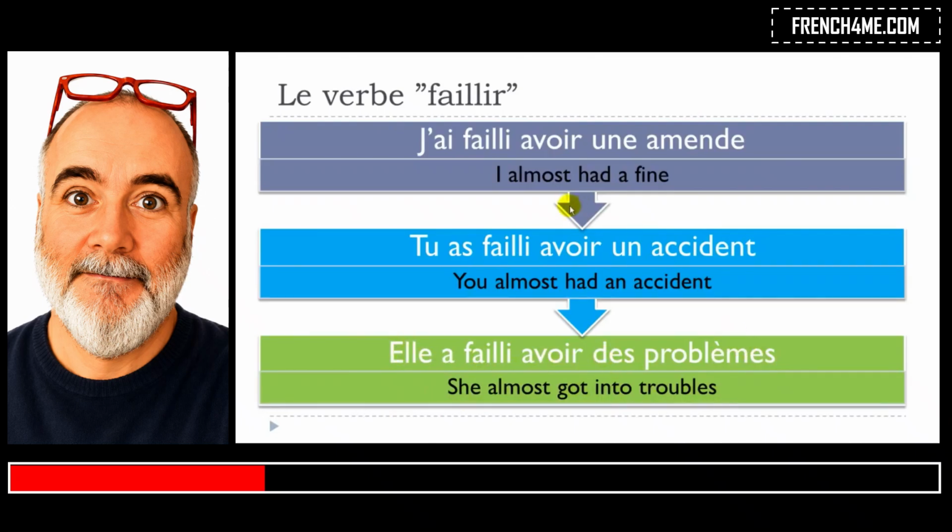So in these cases, basically you will use faillir here, and you continue with avoir something. Tu as failli avoir un accident. Elle a failli avoir des problèmes. And it's quite useful. I mean, we don't use that maybe all the time, but it's not rare when we use this expression and this verb faillir. Okay?